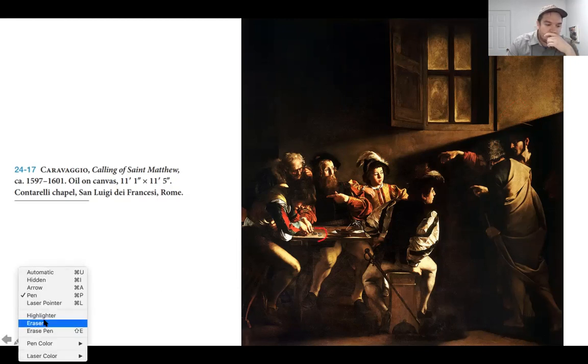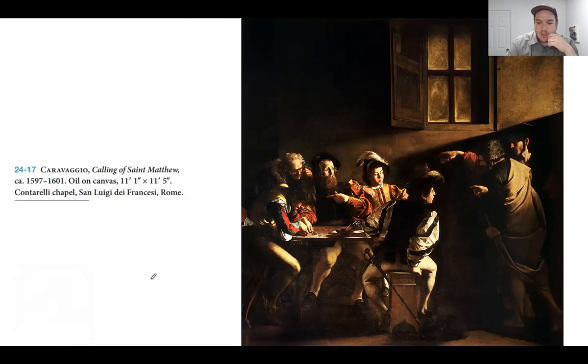He's not this celestial figure floating with a halo behind him. He's just some guy sitting in a bar doing his day job. This is crazy. This is why people didn't like him at the time. But we'll see how many people Caravaggio influenced after this. It's kind of bananas, to this day.